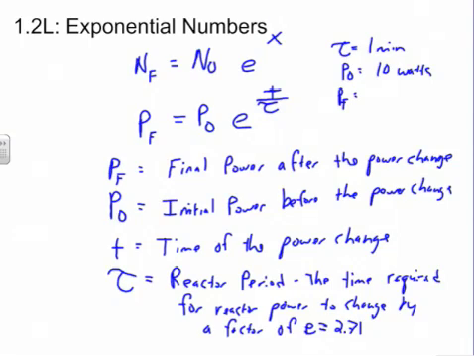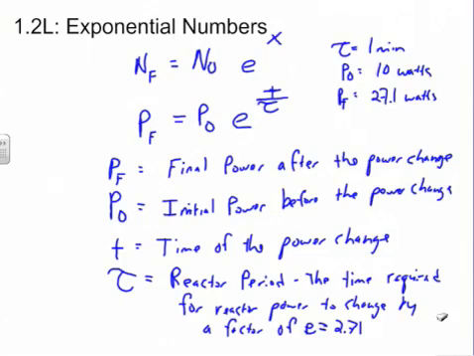Well, if the definition of reactor period is the time required for the reactor to change by a factor of 2.71, and we let the reactor change at this tau of 1 minute for 1 minute, then it's going to go up by a factor of 2.71. So 2.71 times 10 watts, the final reactor power would be 27.1 watts. That gives you a feel for what this reactor period is, the time required for the reactor power to change by a factor of 2.71.